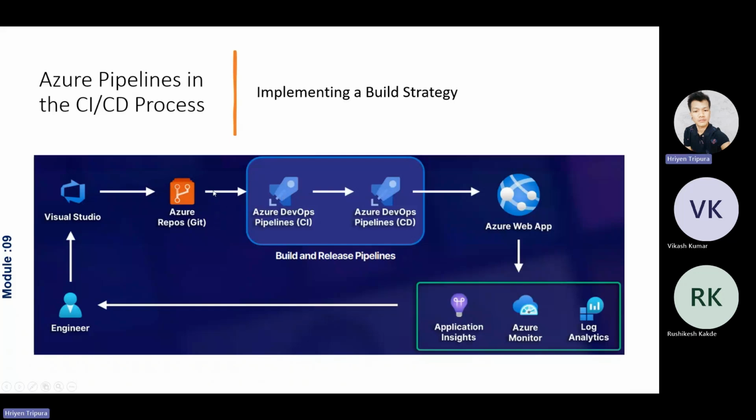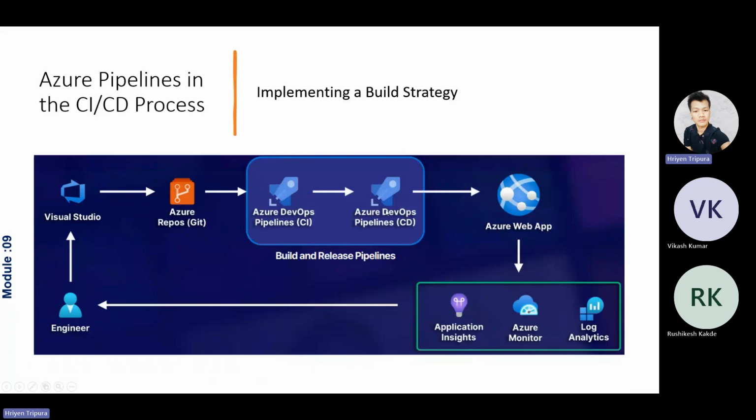So I will take the artifacts, and along with that, with the help of the Dockerfile, I will create the image for the specific .NET ASP application. Then I will push it to ACR, which is Azure Container Registry.